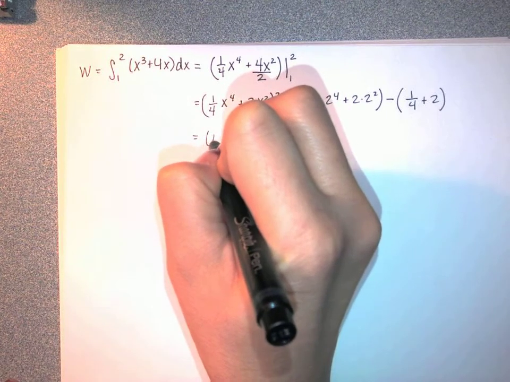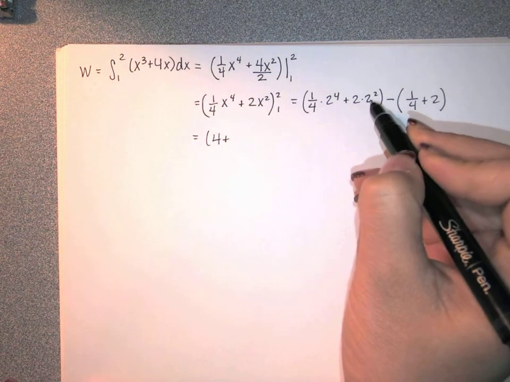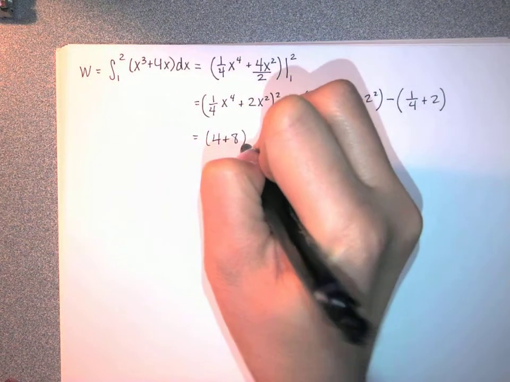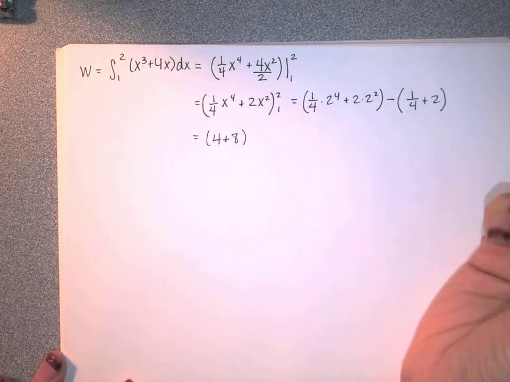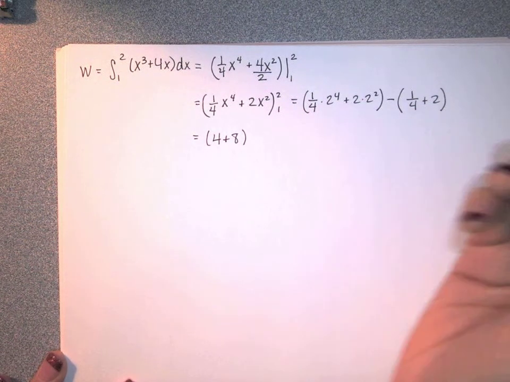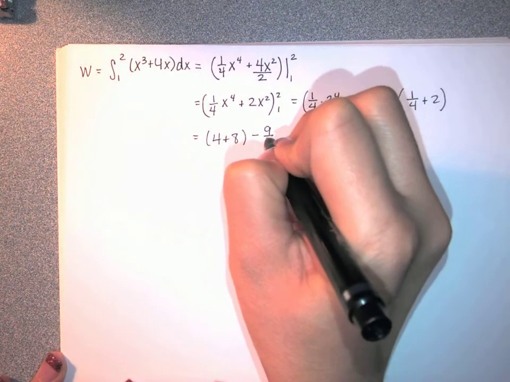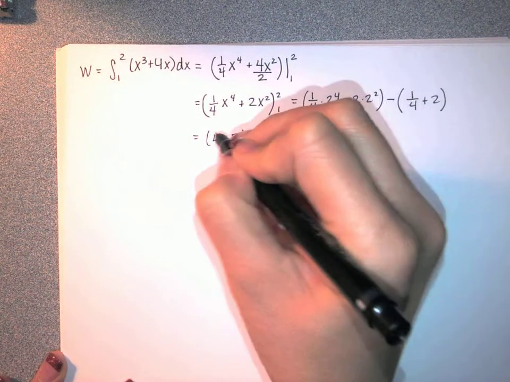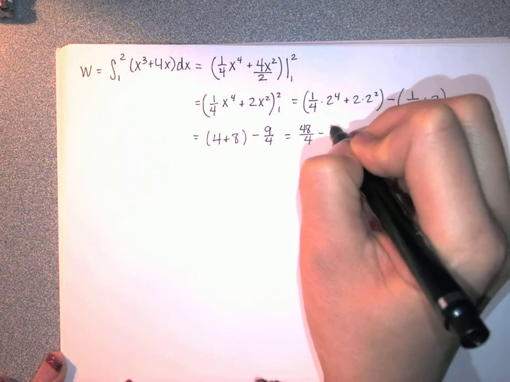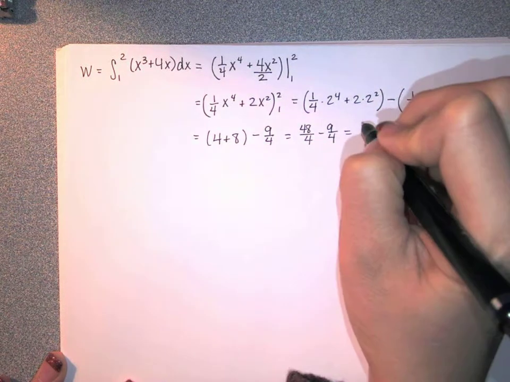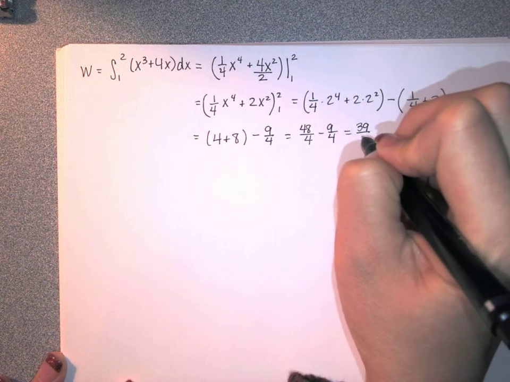So that's 4 plus 4 times 2 is 8. And over here I've got 2 1/4. So that's 8 over 4 plus 1 over 4 is 9 over 4. So I've got 12 minus 9 over 4. So that's 48 over 4 minus 9 over 4. So that's 39 over 4.